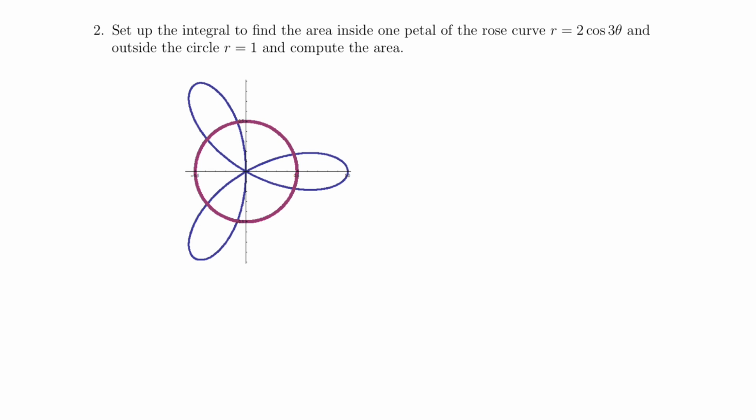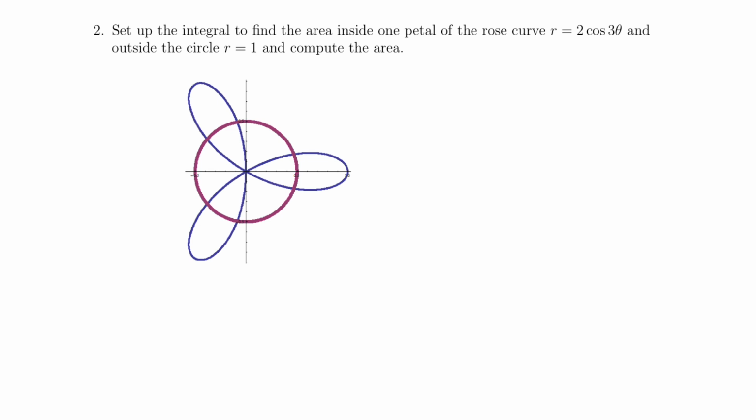So the first thing you have to do is figure out, what area am I talking about? So that's the first thing. What area are we talking about, guys?